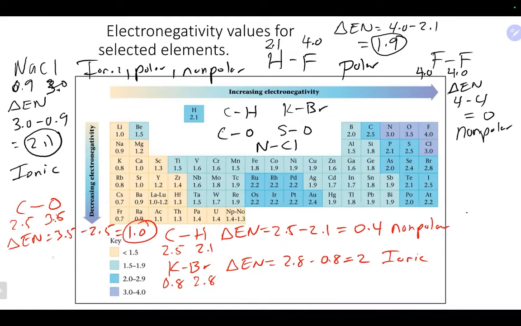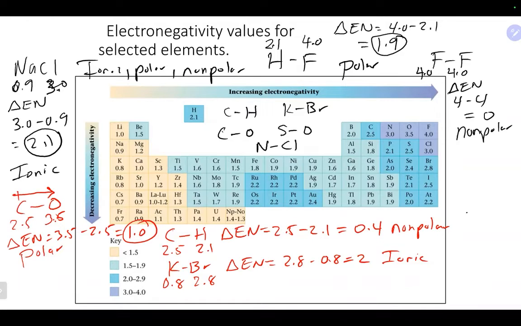That is going to mean carbon oxygen would be a polar bond, where if I drew the little arrow, it should be pointing towards which one? It should be pointing toward the one that's more electronegative, which would be the oxygen. Oxygen would be more negative in that bond, right? And the carbon there would be partially positive, as the electrons would be moving towards the oxygen in that particular bond.